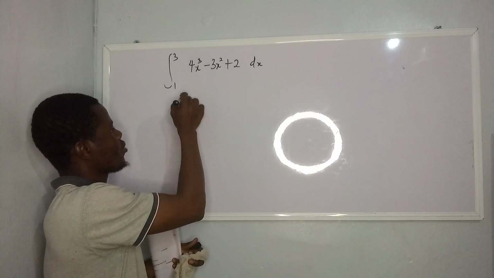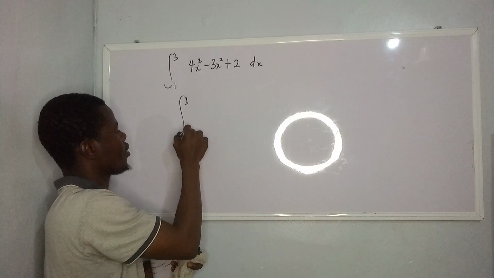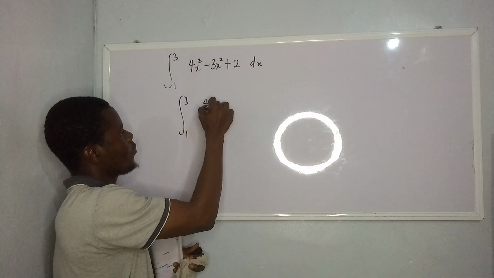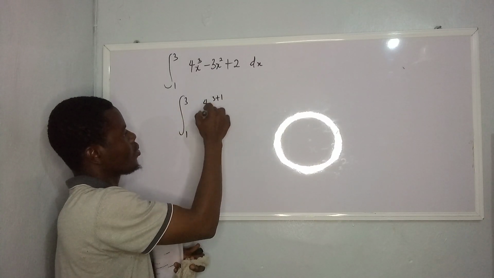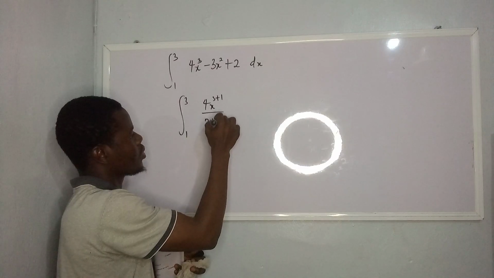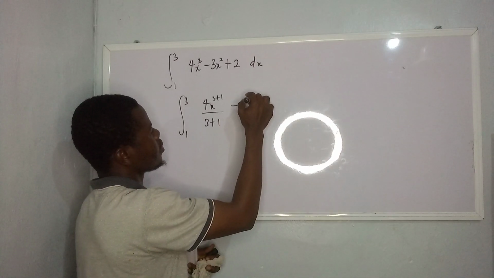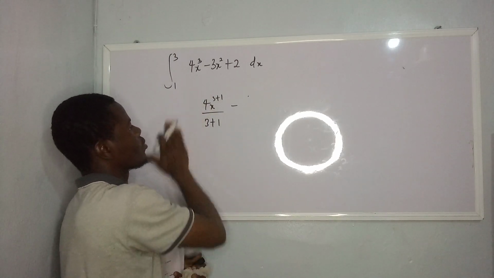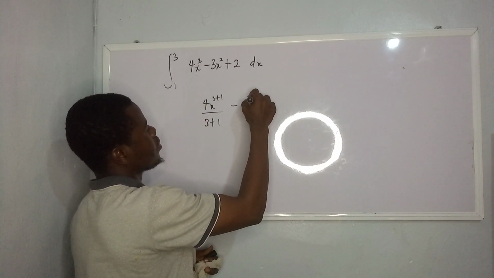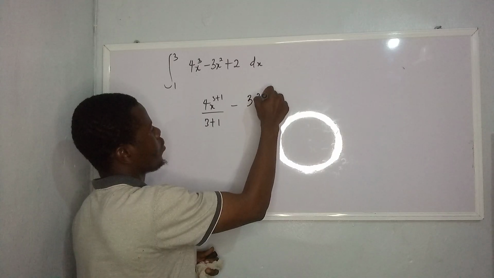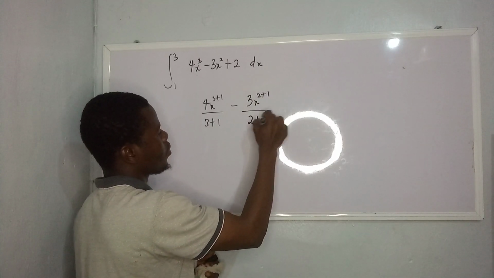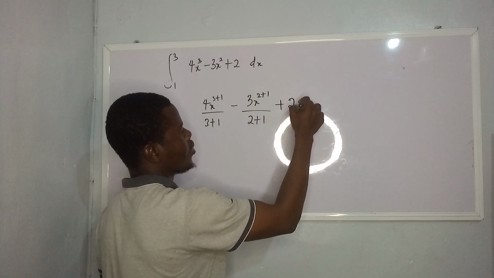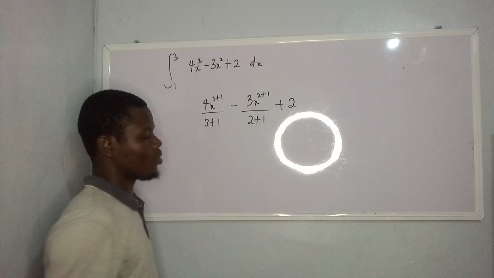So we are going to have the integral from 3 to 1 of 4x raised to power 3 plus 1 over 3 plus 1, minus 3x raised to power 2 plus 1 over 2 plus 1. Then the last one, the plus 2, this one is a constant already.